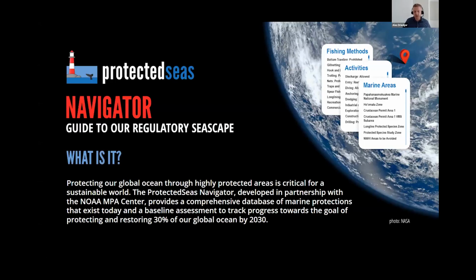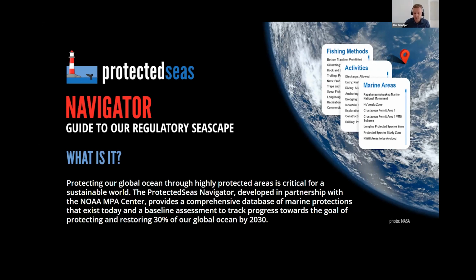Over the past 6 years, my colleagues and I at ProtectedSeas, in partnership with NOAA's MPA Center and with generous software support from Esri's Conservation Grants Program, have been building a free open database called Navigator. Navigator offers not just a guide to the location of marine protected areas, but also a guide to the actual regulations designated for each area.